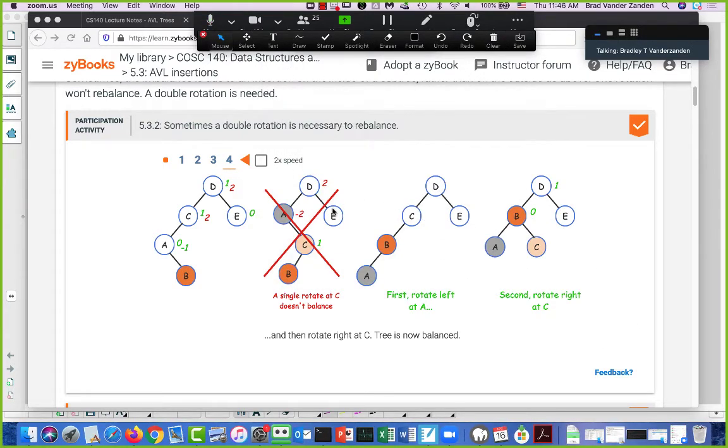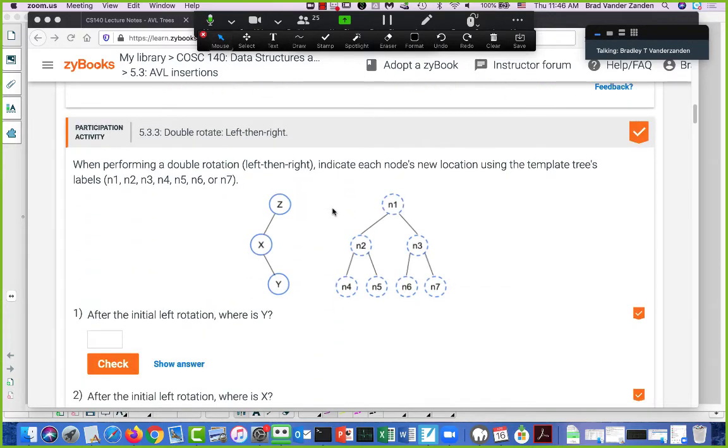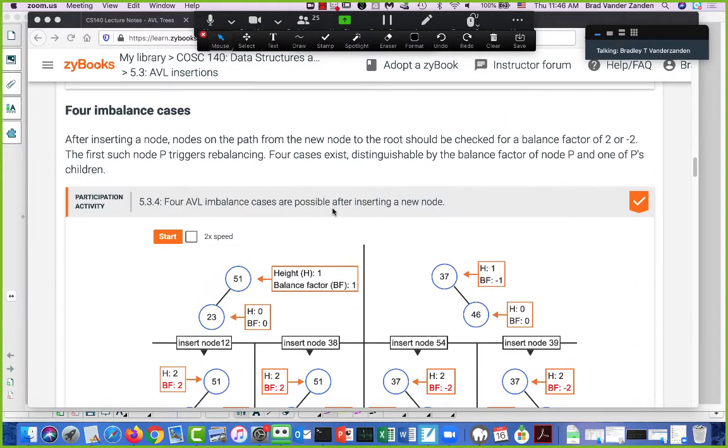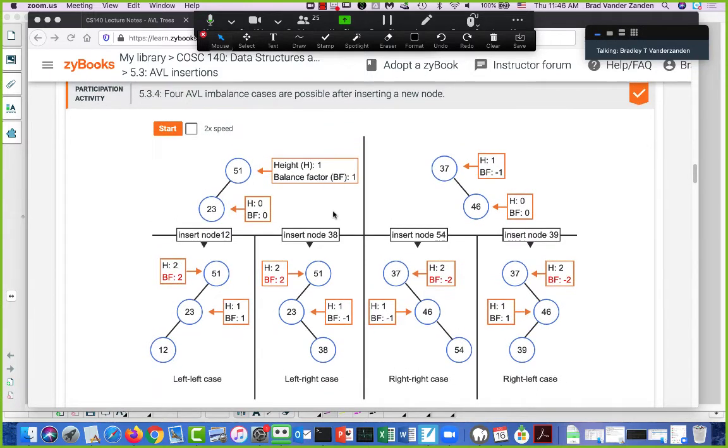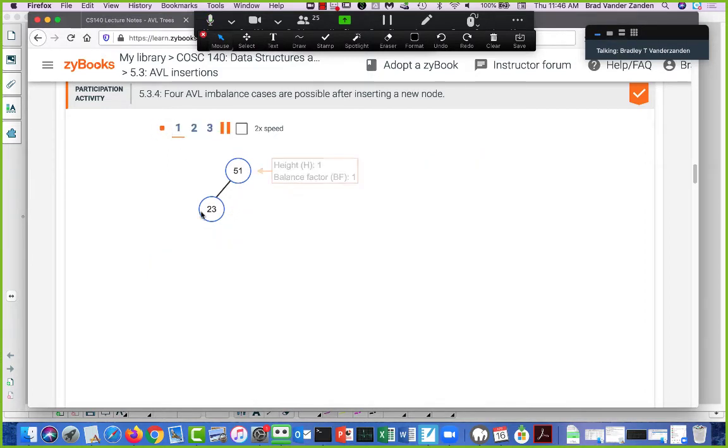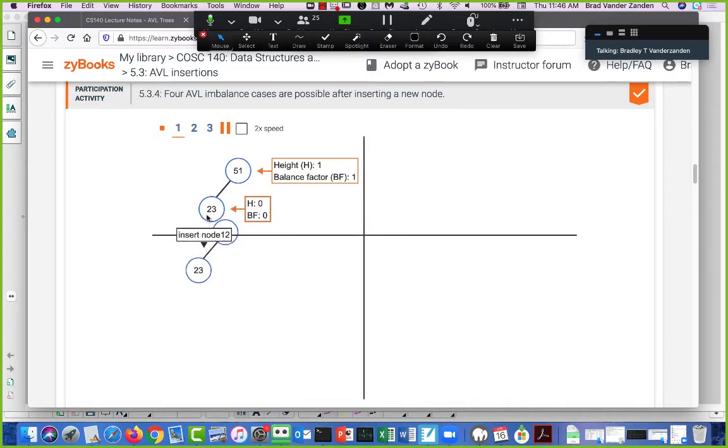So, let's take a look at, just to reinforce that, the 4 possible imbalance cases. Okay, so we're going to start. Here we are. First imbalance case, we insert 12. That is a zig-zig case.